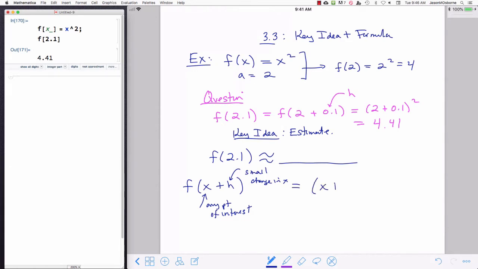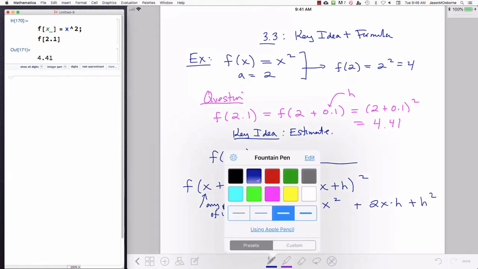It's going to be x plus h quantity squared. So it would be x squared plus 2x times h plus h squared. Okay? And we have done something pretty profound here.